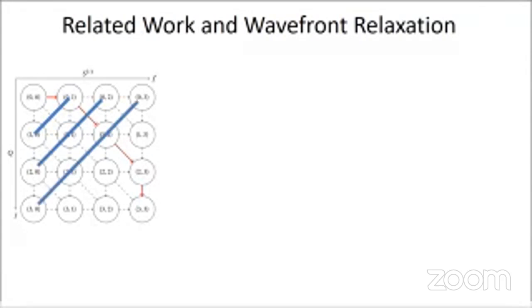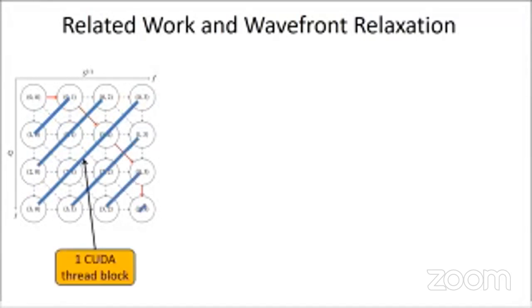So these diagonals here in blue, each value can be computed in parallel, for example, using a different thread. And in previous work, and also in this work, we will use one CUDA thread block to compute one diagonal. In our work, a CUDA thread block would just consist of a warp or even a sub-warp.